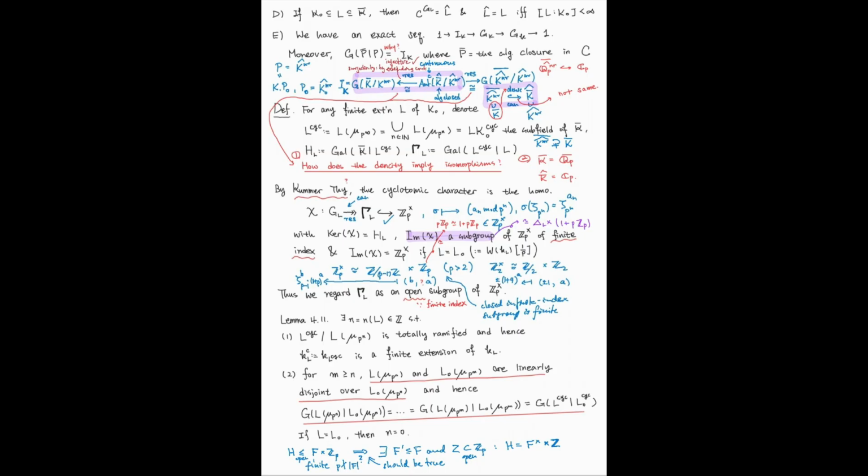Therefore, this absolute value that you construct using sigma is a new absolute value, but it is also an extension of the old absolute value that you started with. And because the extension is unique, it must be the same. So the absolute value of sigma of A is always equal to the absolute value of A. From this it is easy to see that sigma is continuous.